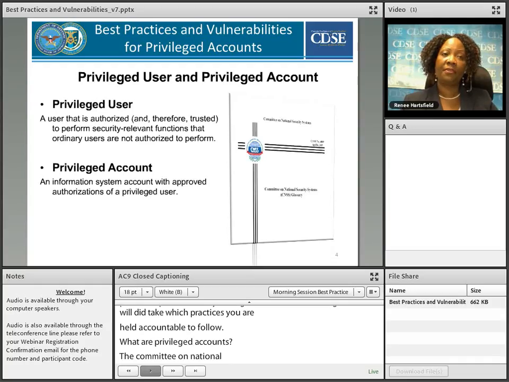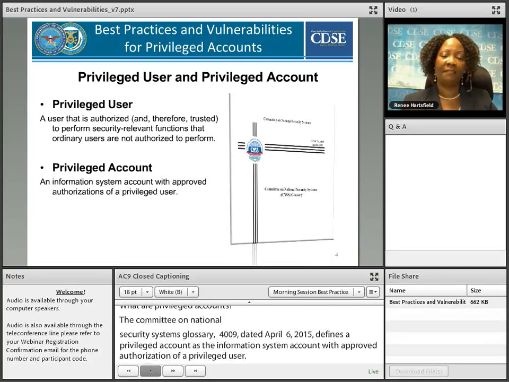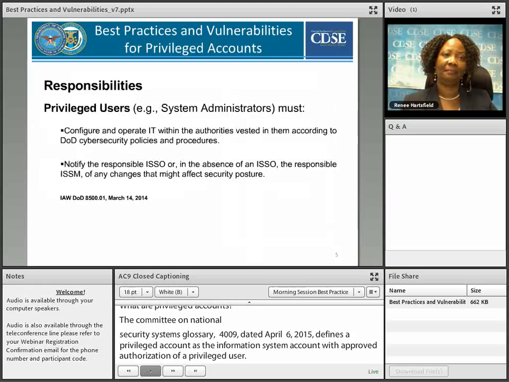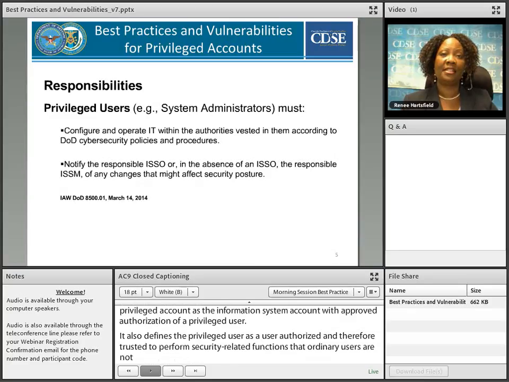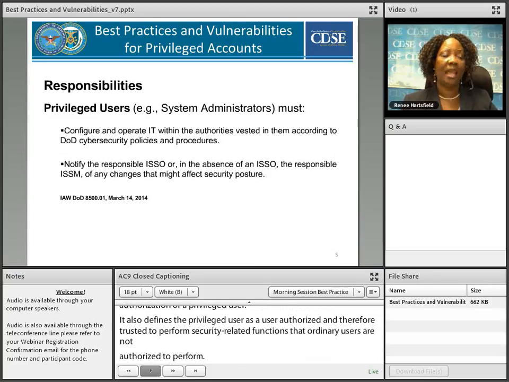It also defines a privileged user as a user that is authorized and therefore trusted to perform security-related functions that ordinary users are not authorized to perform. It further outlines their responsibilities as those that are vested in them according to DoD's cybersecurity policies and procedures. Again, keep in mind your organization's policy will be the driving force behind the practices that are implemented and enforced in your organization.